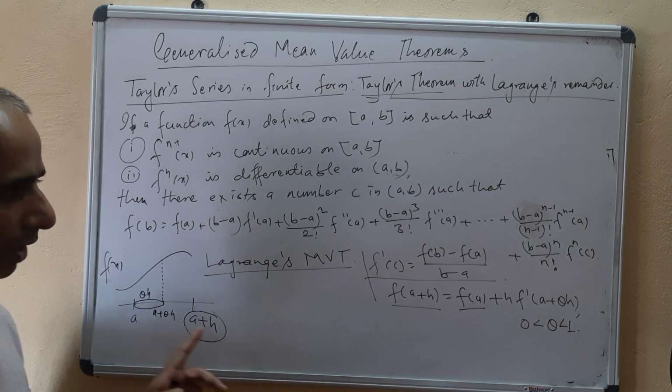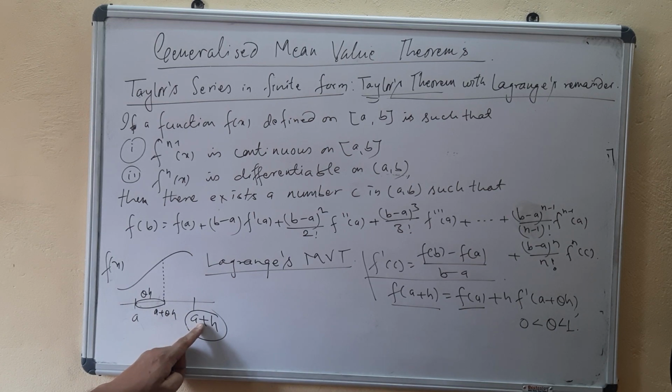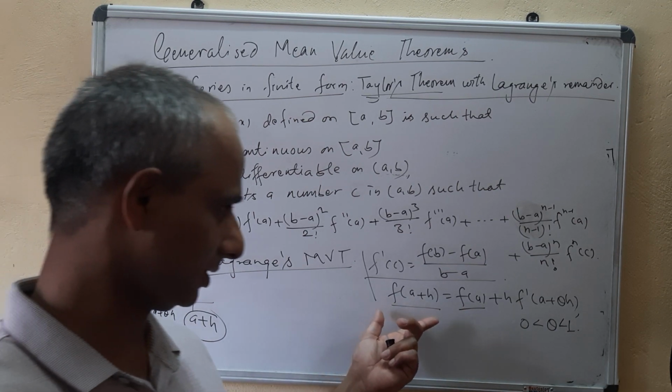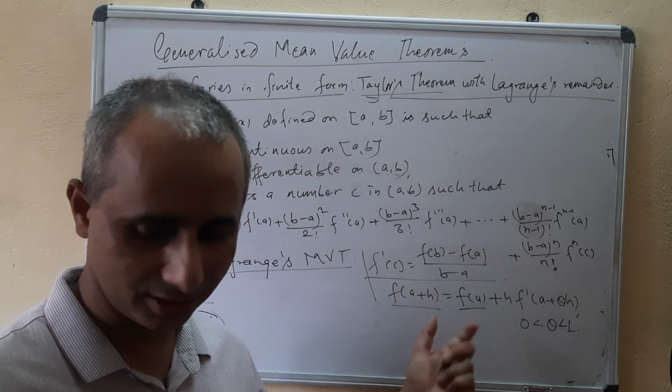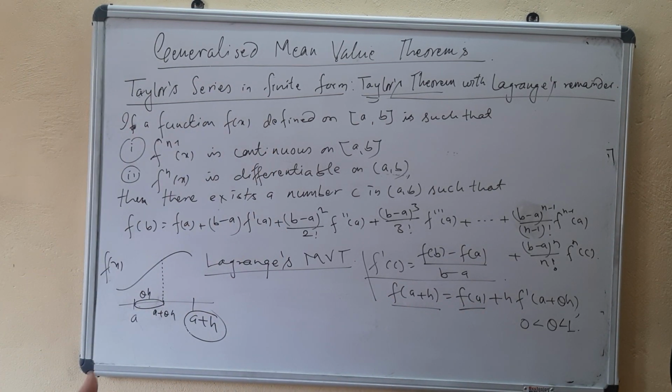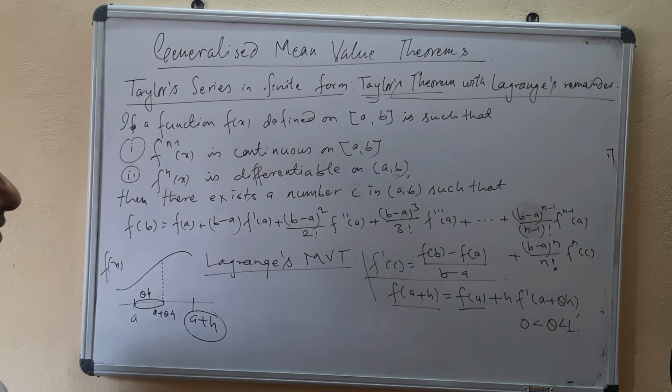This has been used to approximate the value of the function f(x) at point a plus h. So it looks similar to an expansion of f(a plus h) in terms of f(a). And we are using the same concept here in series expansion of the function.